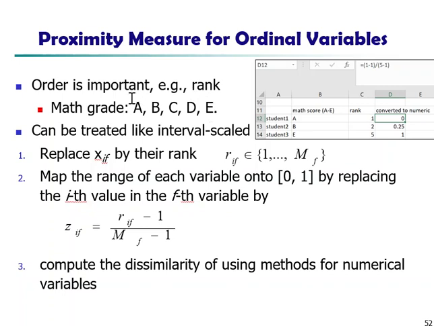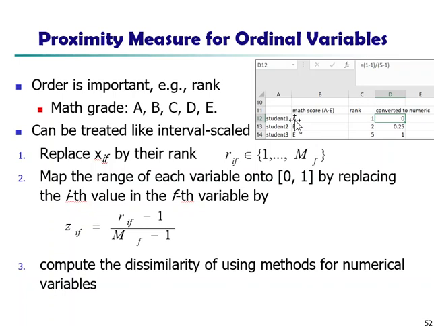Ordinal variables are variables that take values, and those values are in an order. For example, we could have grades of students in a math class, and those grades are A, B, C, D, E. Students 1, 2, 3 have different scores, and those scores are ordered. A is better than B, B is better than E, right?